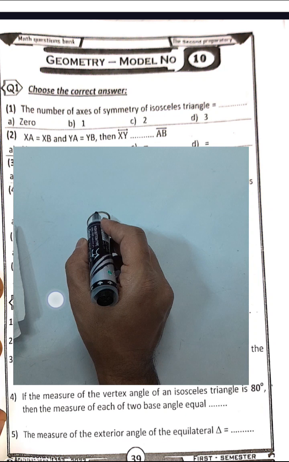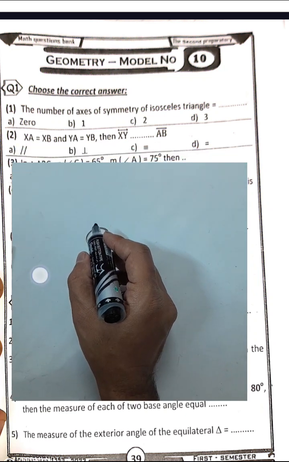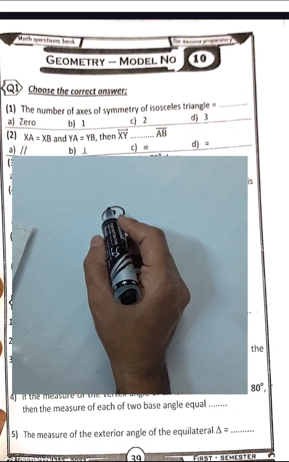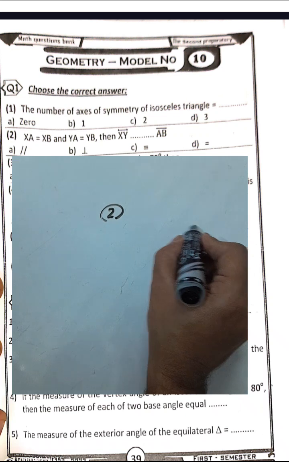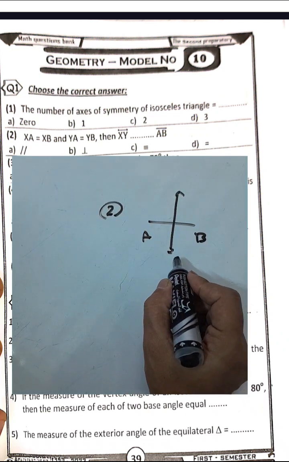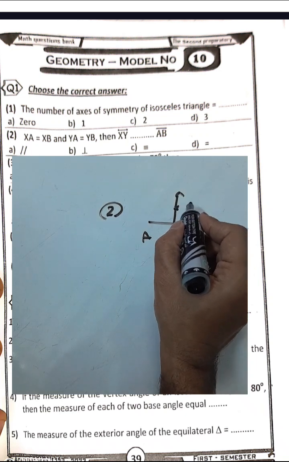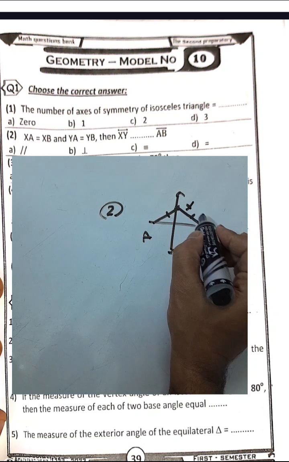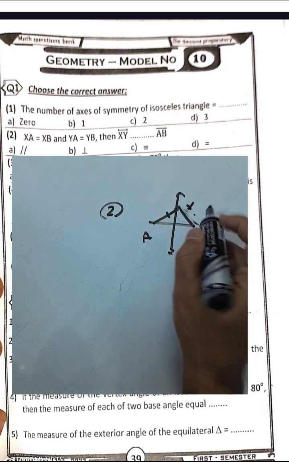Question number 2. If XA equals XB and YA equals YB, then XY is perpendicular to AB. We have line segment AB, and we have the point X. XA is equal to XB.